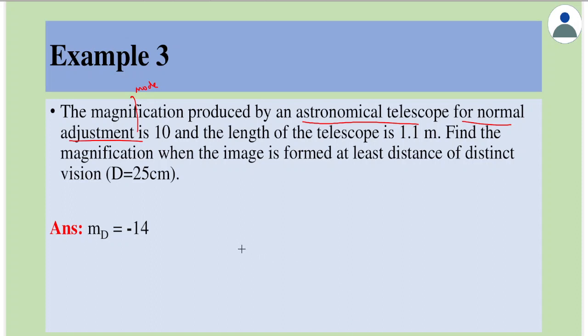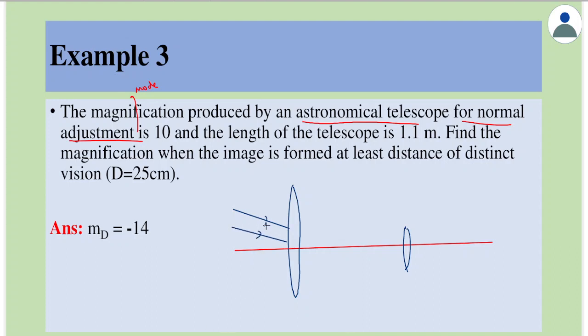We have seen that in the case of a telescope, there are two lenses: the objective, which has a bigger focal length, and the eyepiece, which has a smaller focal length. Light rays coming from infinity fall on the objective, and somewhere here we get an image called AB. The distance from this to this point would be f naught, the focal length, and this image AB acts like a virtual object for the eyepiece.